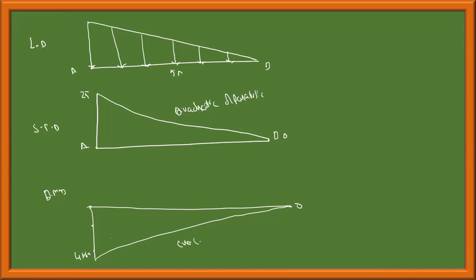I completed everything in module 3. If you want one more class tomorrow, I will take it and solve one or two problems. From Monday onwards, we will start the fourth module, bending of beams. Any doubts?